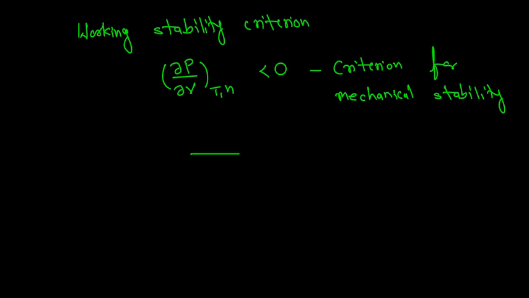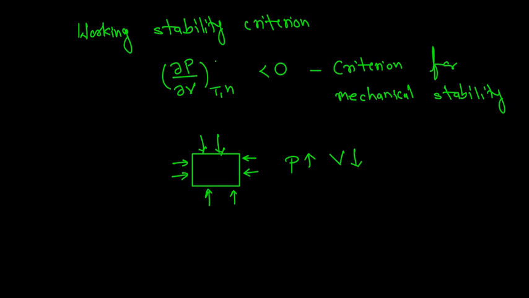So this is also very intuitive if I try to understand. If I have a block, and I pressurize this, so pressure increases, what is going to happen is this whole block will squeeze. So as pressure increases, volume should decrease.